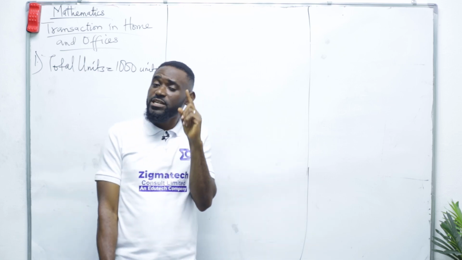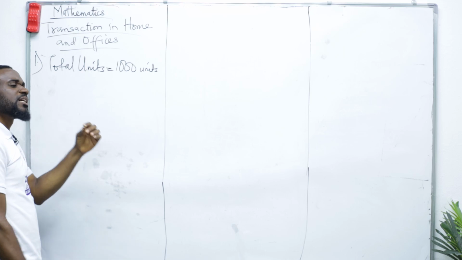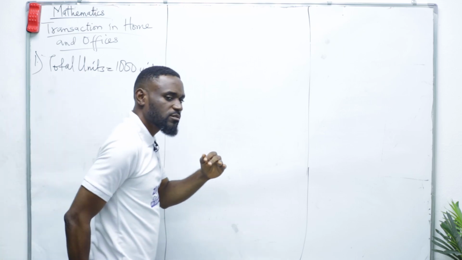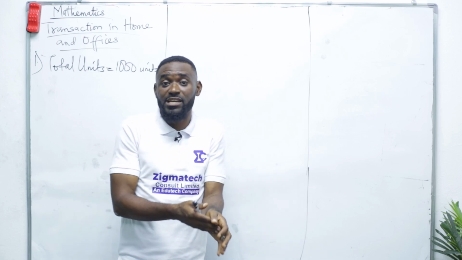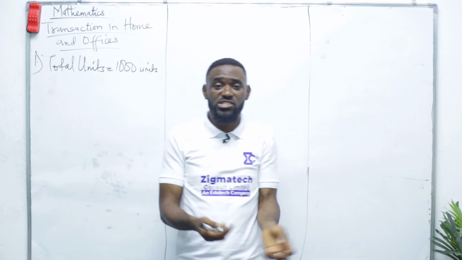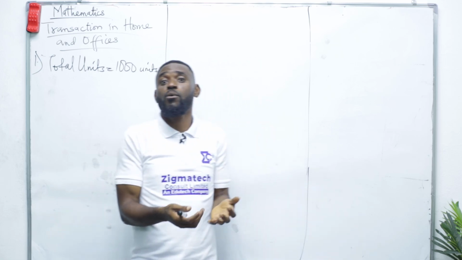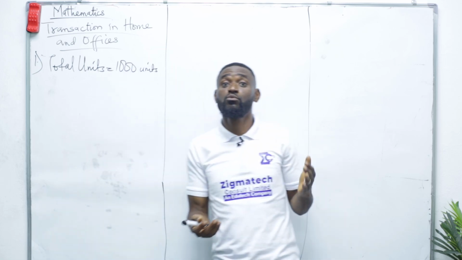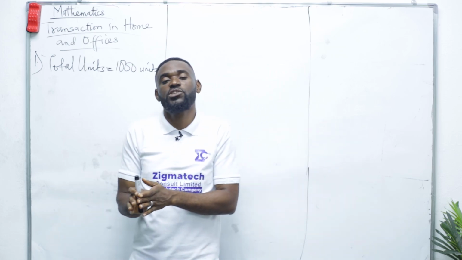So as you buy these 1,000 units, your first 100 units have a high charge. That is what the electricity distribution company is saying: if you buy our 1,000 units, the first 100 units will charge you more. After the first 100 units, they will begin to charge you less.